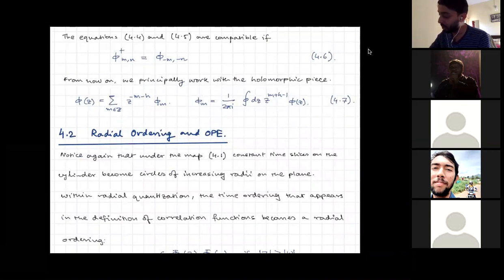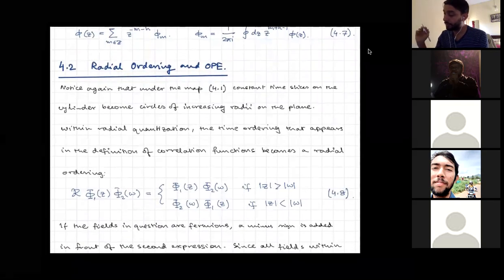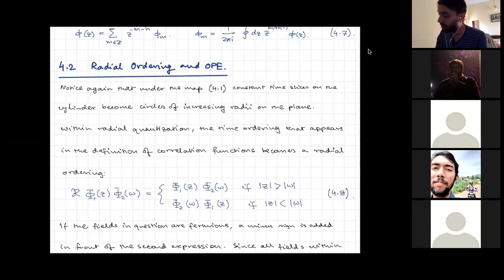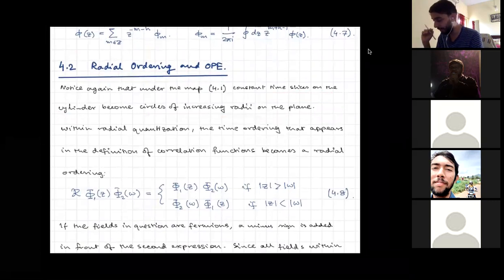Now we get into the important question of operator ordering. As I write here, it's important to notice that under this cylinder to plane map, the constant time slices on the cylinder become circles of increasing radii on the plane.